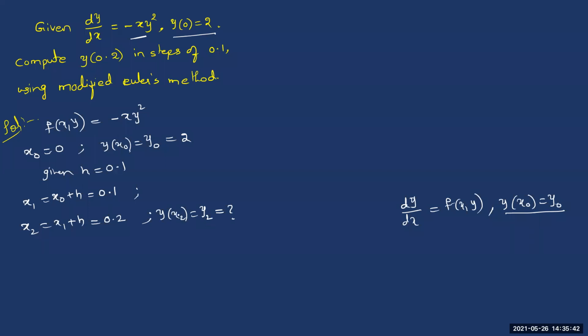If you know y₁, then only we can calculate y₂. So we must first calculate y at x₁, which is y₁. Though you're asked to find only y at 0.2, it is absolutely necessary to calculate y at 0.1 also. Indirectly, the question is to calculate y at 0.1 as well as at 0.2 using the modified Euler's method. Now, let me continue this.